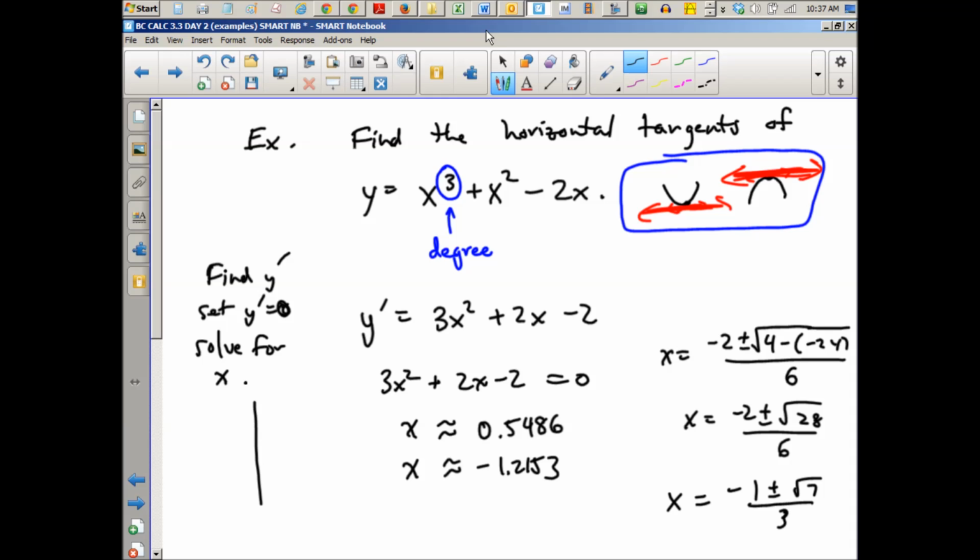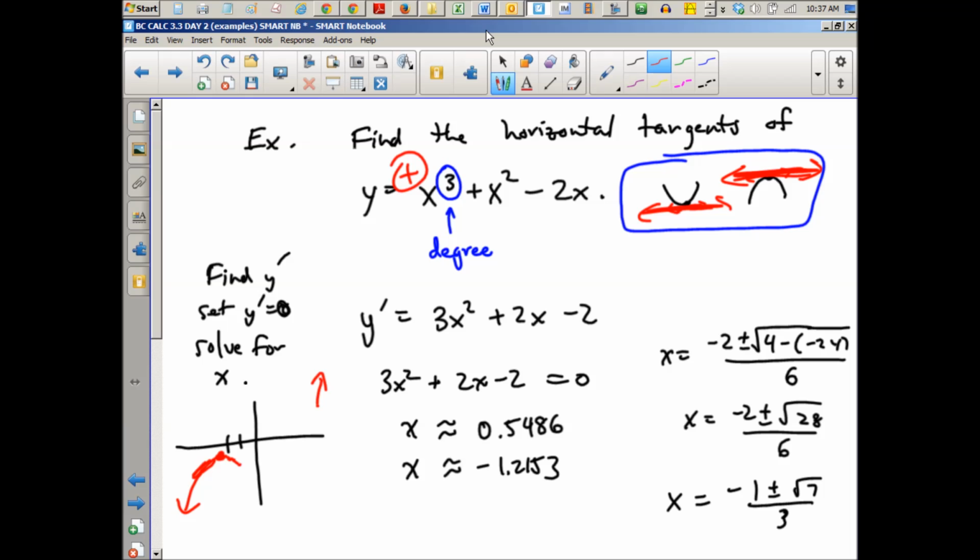Now we know that a cubic, especially one with a positive leading coefficient, would have end behavior that looks like this. So I'm suspecting that x equals negative 1.2 is our relative minimum. I'm sorry, our relative maximum. So like that.